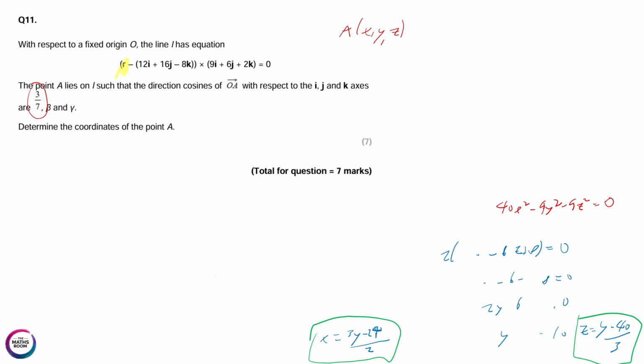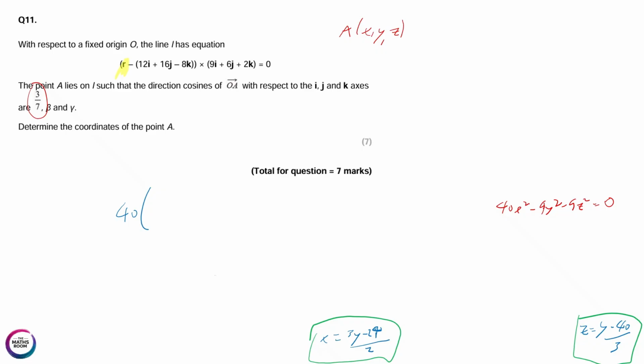Should be able to do it from here. Okay. Right, see if we can do it from here then. So what have I got? So I've got 40.